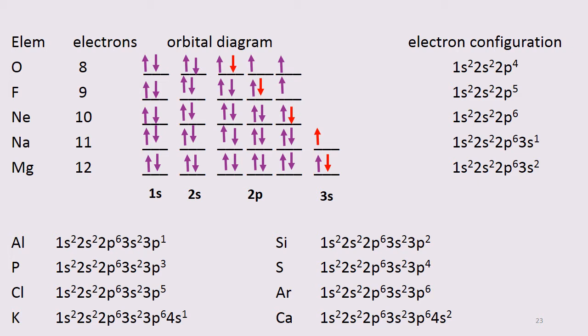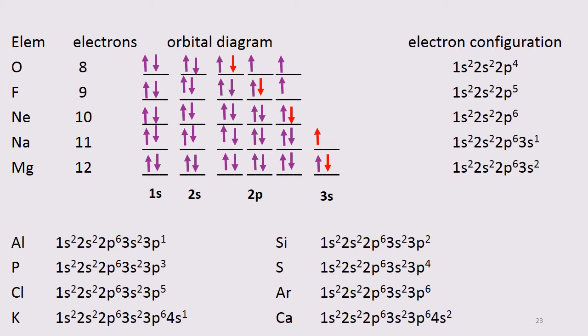So then if we keep going, and I haven't drawn the orbital diagrams, but I've drawn your electron configurations. For aluminum, 3s2, 3p1, and then silicon has 3p2, and then phosphorus 3p3, sulfur 3p4, chlorine 3p5, argon 3p6, and then what do we have to do next?